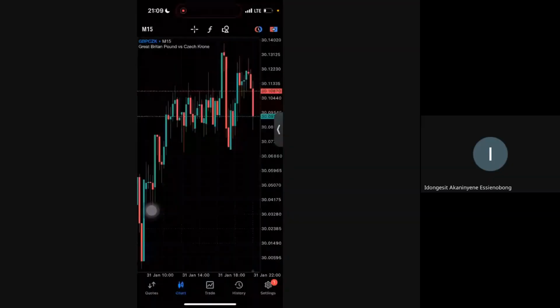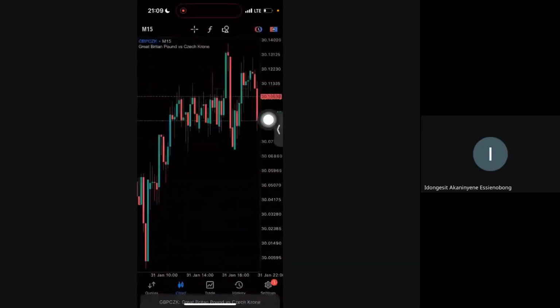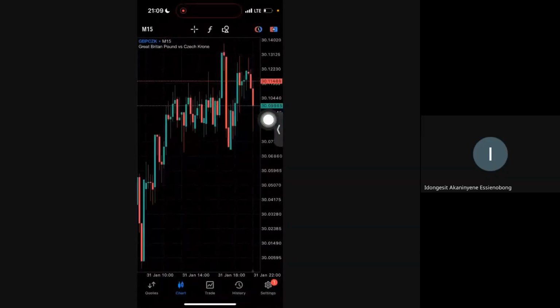Let's say, for example, you take an entry on this pair with your TradingView. You use your TradingView to analyze it. Let's say the TradingView price is most times actually the green price. You can see the green price is what's working with the candlestick, while the red line is just following it.